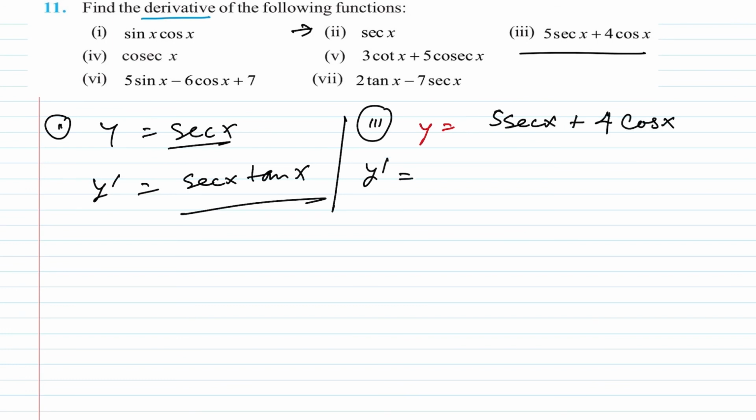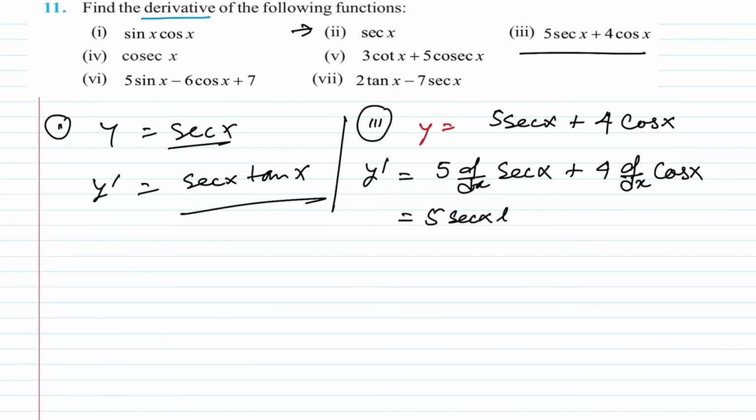So derivative of this function will be 5 derivative of sec x plus 4 derivative of cos x, and derivative of sec x is sec x tan x, and derivative of cos x is minus sin x, so here we will get minus 4 sin x. So this is our answer.